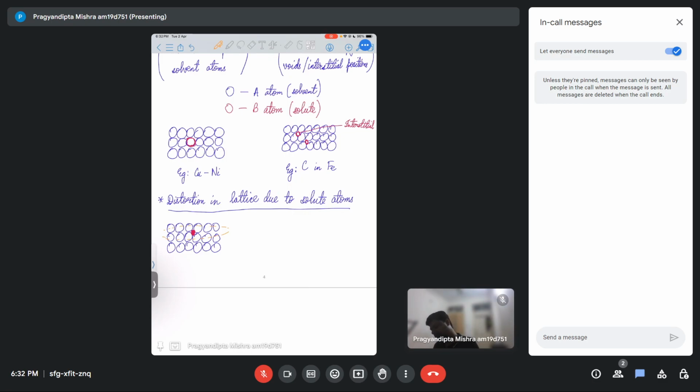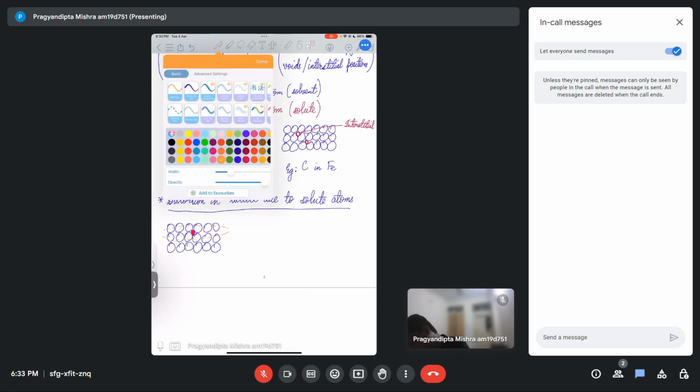On the other hand, if we see a substitutional solid atom, there will be two types that you can have, right? One where the substitutional solute is bigger than the solvent, and one where it is smaller. Let's see both cases.